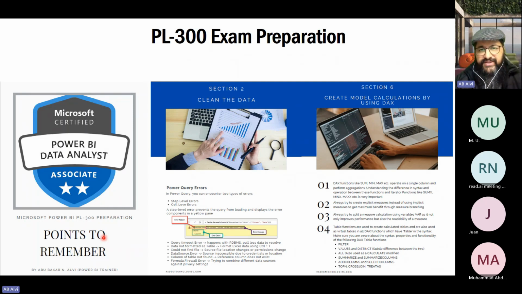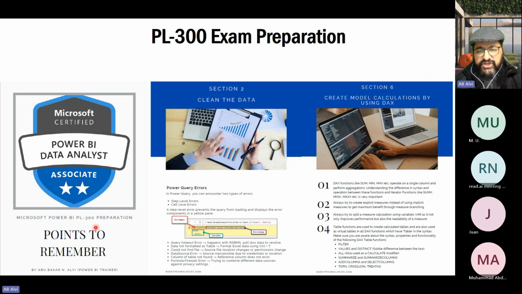So I have prepared this exam preparation course, where I have given whatever resources I felt are needed for any student learning Power BI and wanting to upskill and get certified in PL 300. They can benefit from it. This is a snapshot of a cheat sheet. I call it the PL 300 important points to remember.